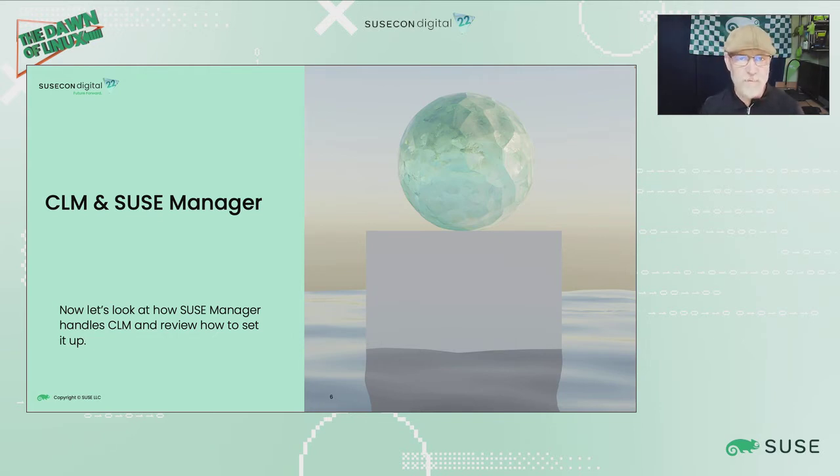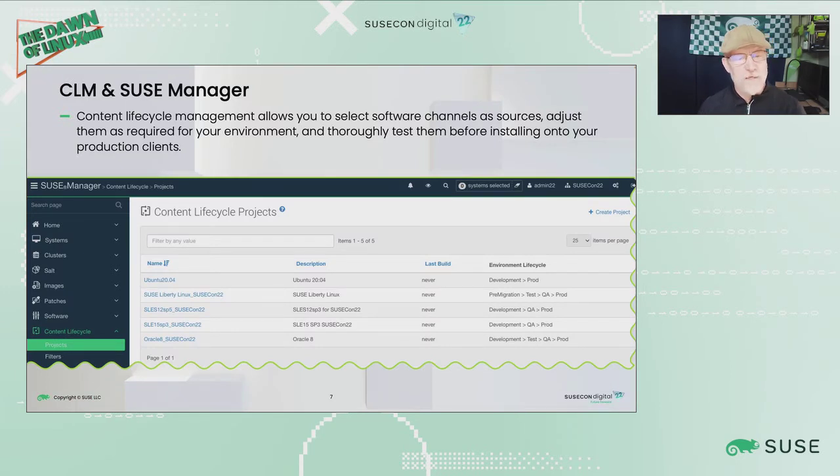Very basic stuff here. This is a screenshot of an existing content lifecycle that I have built for this presentation. It gives us the ability to look at the selected software, our sources, and adjust them as we need. As you can see in this example, I've got a variety of both operating systems and the life cycles that we're going to walk through.